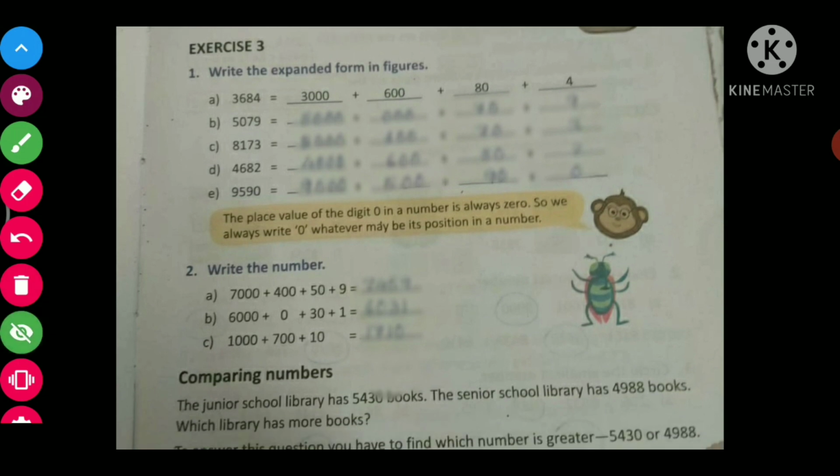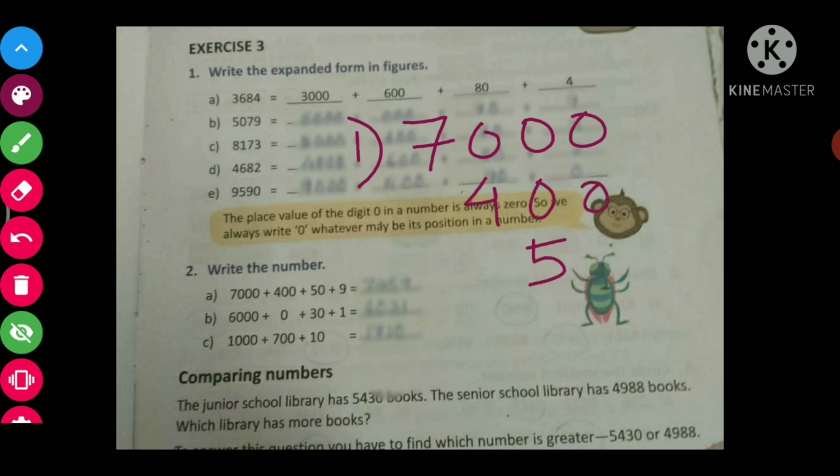Question number 2, write the numbers. Now expanded form is given and you have to write the numbers. In order to write the numbers, 2 methods are there, and it depends which method you will use. So the first method is what? You can simply add these numbers. So 7000 it is given, then 400, then 50, then 9.